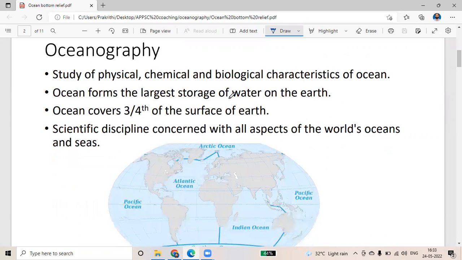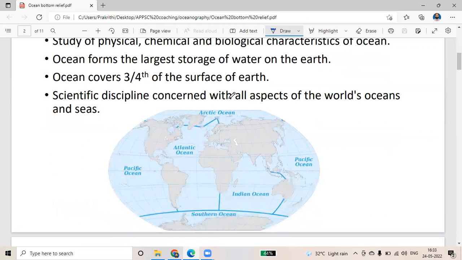If you look, we know that mainly there are 5 oceans, but we can count 6 also. The first and the biggest one is the Pacific Ocean, then comes the Atlantic Ocean, then the Indian Ocean. So the 3 main oceans are the Pacific Ocean, Atlantic Ocean, and the Indian Ocean.